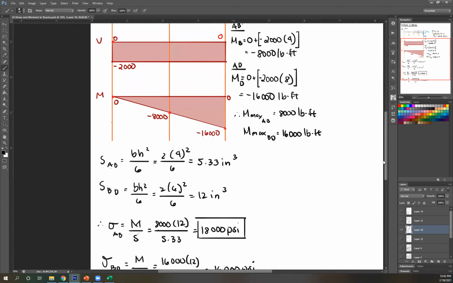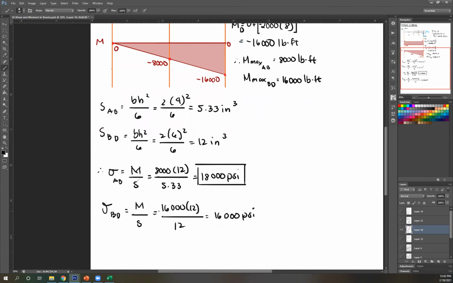Next, for this section BD, again, MBD is 16,000 pound-foot times 12 over S of BD, which is 12. Answer there is 16,000 PSI. The question is, what's the maximum bending stress? Obviously, it's this, 18,000 PSI. So that's your answer.